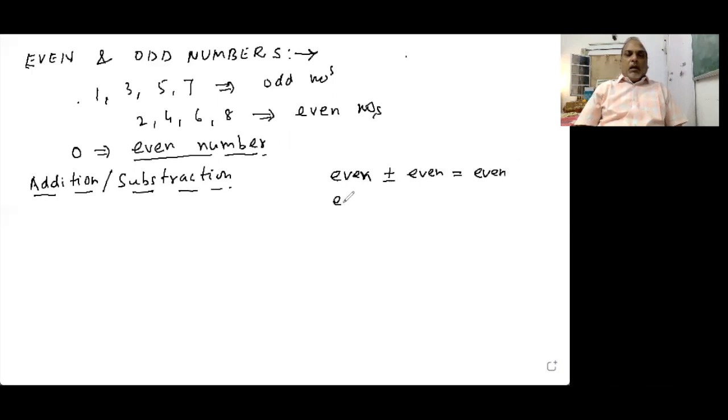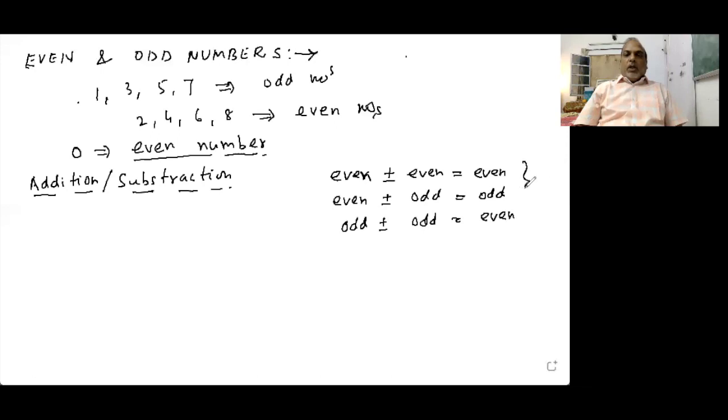Even plus or minus odd: suppose you have one even number and one odd number, then addition and subtraction will always be odd. And if you have both odd numbers, then it will again be an even number.